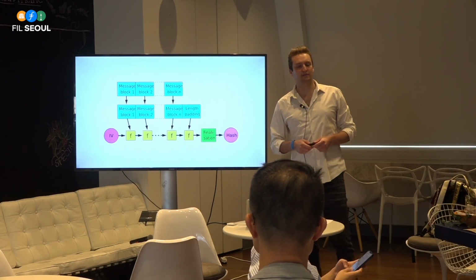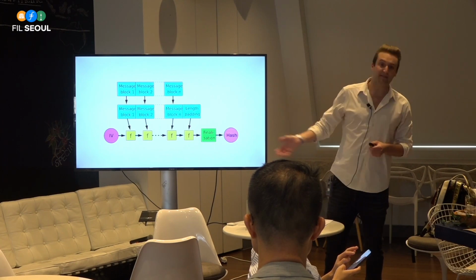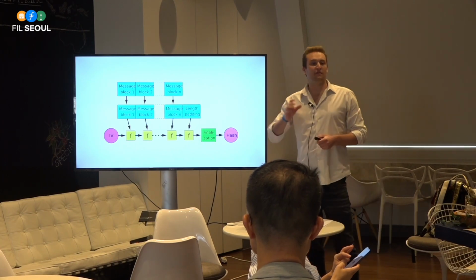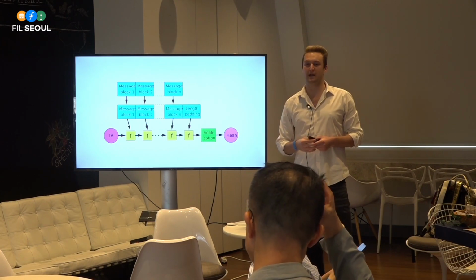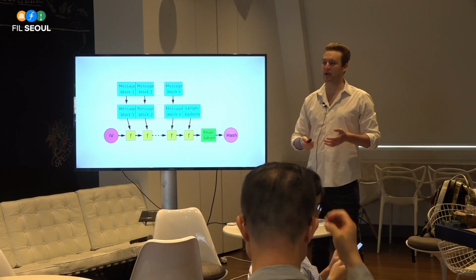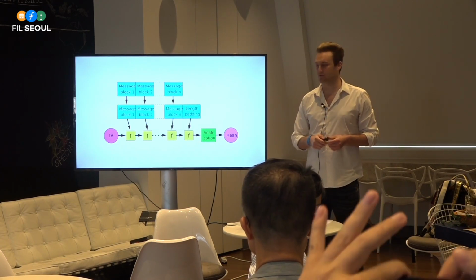What's interesting about these CIDs is if you upload the same file, you get the exact same CID. If you make even the slightest change to that file and run it through the hashing algorithm again, you have a change in the content address that is produced.